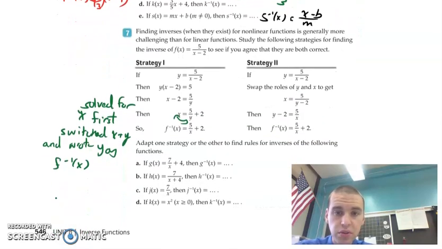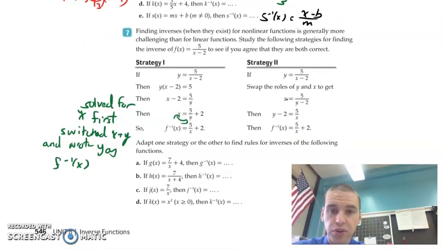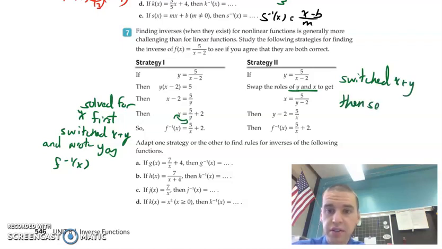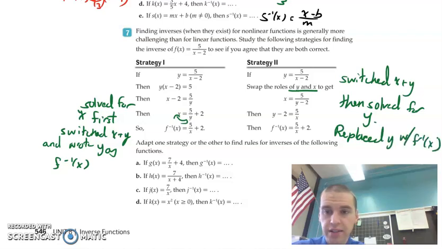Strategy 2 says you swap the roles of x and y first. So we switched x and y first, then solved for y, and then replaced y with f inverse of x.